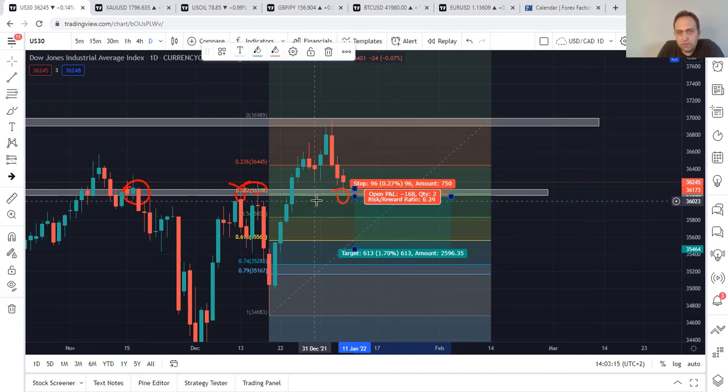TP1 is 36,055 for a scalp, and even if you see 10 pips you can close it. TP2 should be 35,959, TP3 should be 35,847, which is 50%, and the full target should be 35,600, which is the whole move down.